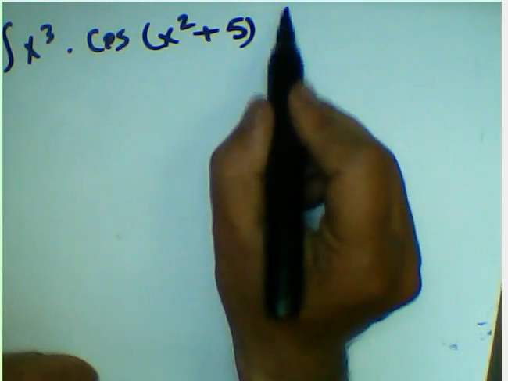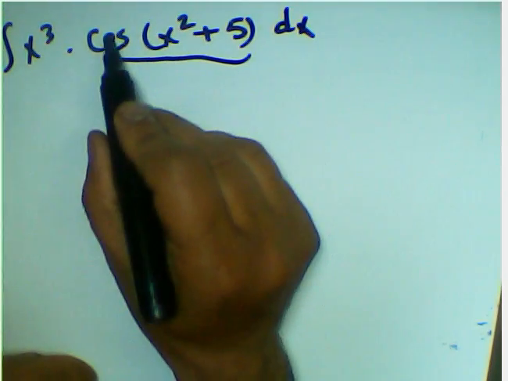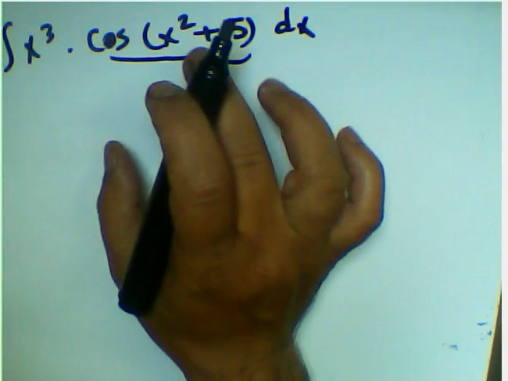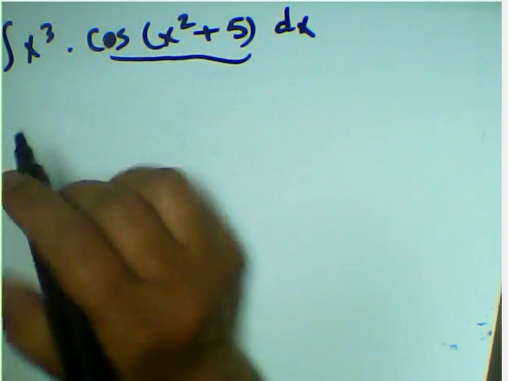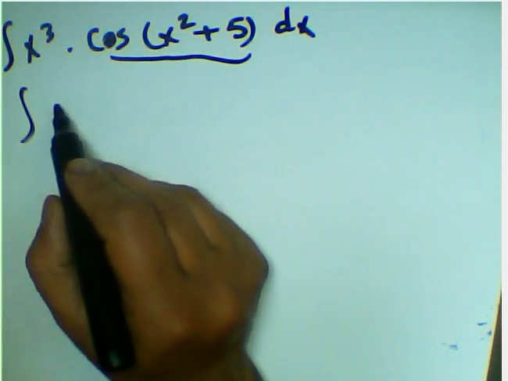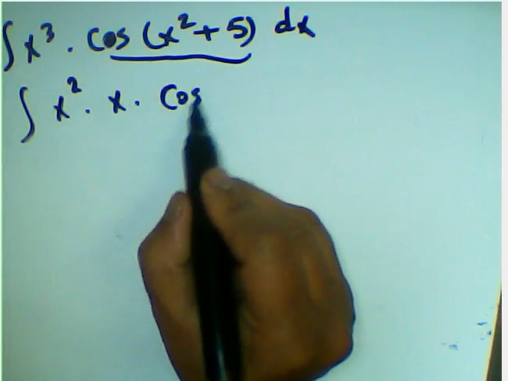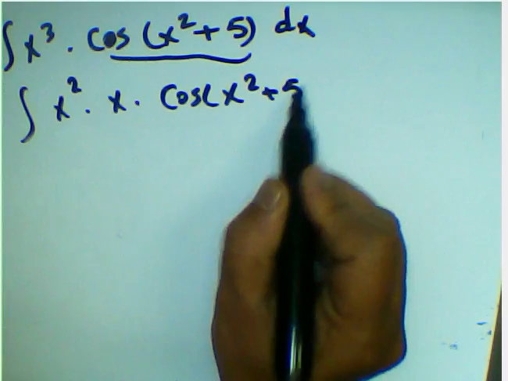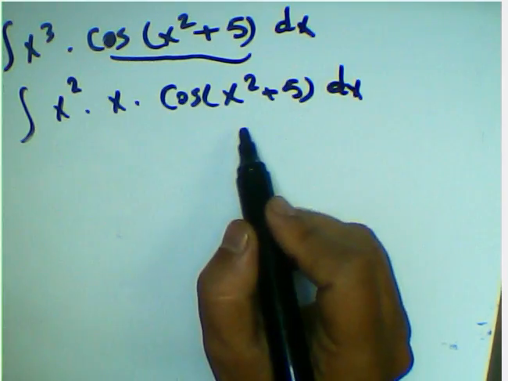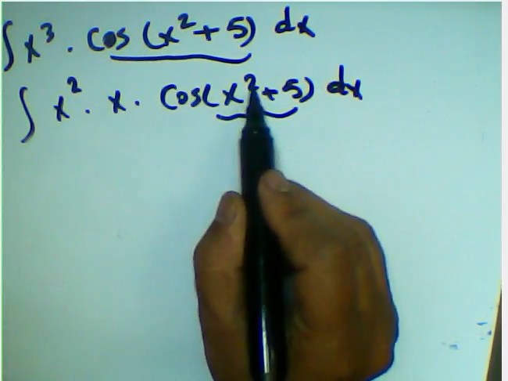Next question: the integration of x cubed times cosine of x squared plus 5, dx. This function here, cosine, we must find the derivative of the function inside, so we can write x squared here times x times cosine of x squared plus 5 dx. The derivative of this function will be 2x, right?